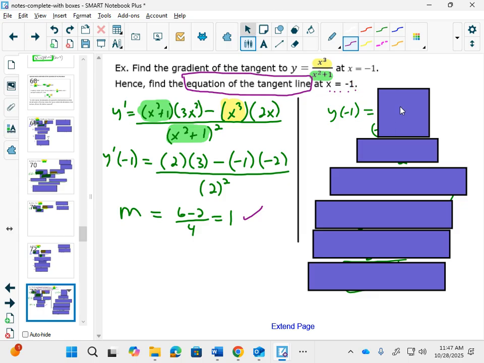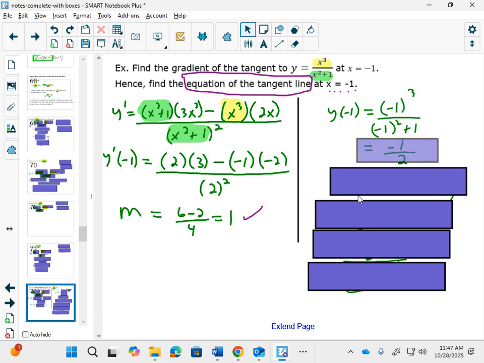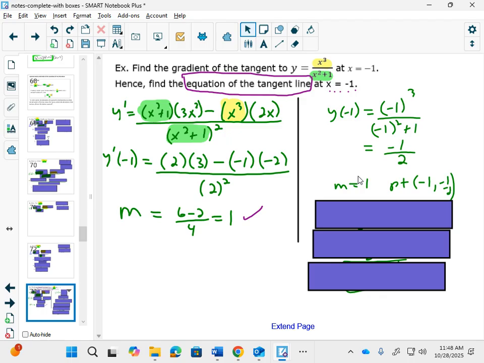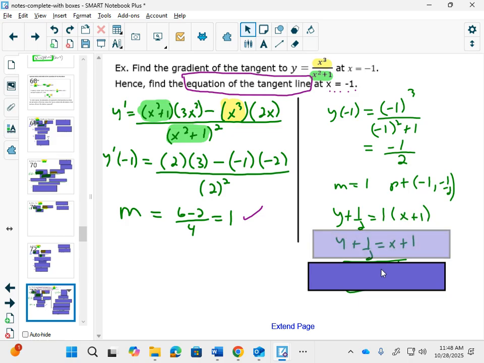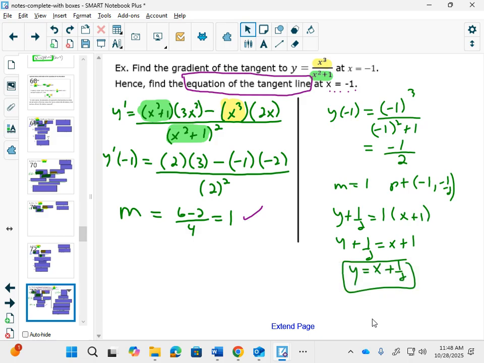So if I plug negative 1 into the original equation, I get a point, negative 1, negative a half. I have my slope from my derivative, my point from my equation, and now I can either use y equals mx plus b, or y minus y1 equals m times x minus x1. Rearrange this equation, and I have the equation of my tangent line.